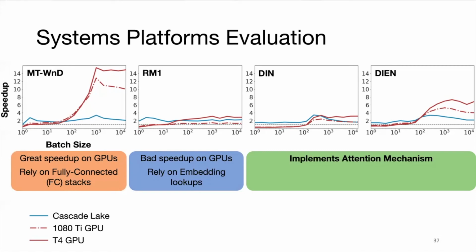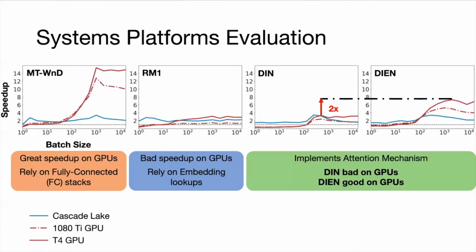Algorithmically, both DIN and DIEN use attention to learn users' evolving interests over time. DIN implements attention with local activation units and concatenation operations. DIEN, on the other hand, implements attention using multi-layered gated recurrent units, GRUs. Since the latter translates better to regular matrix operations, we get better GPU performance for DIEN.